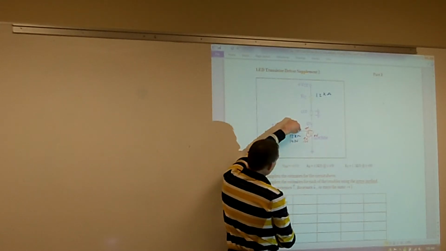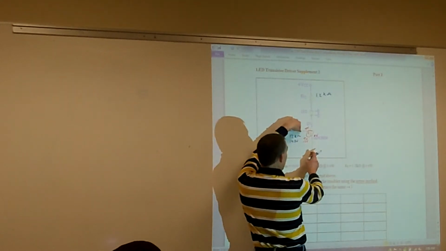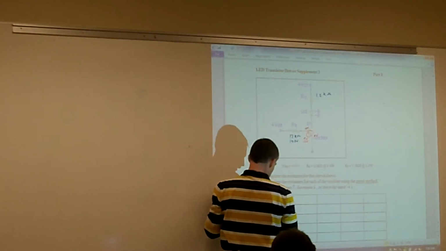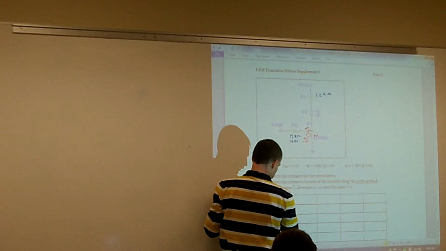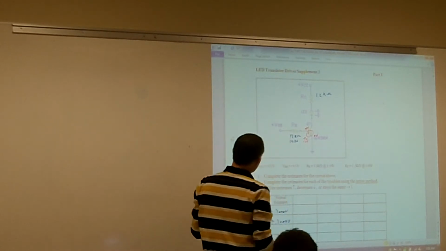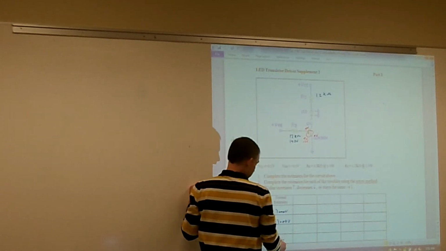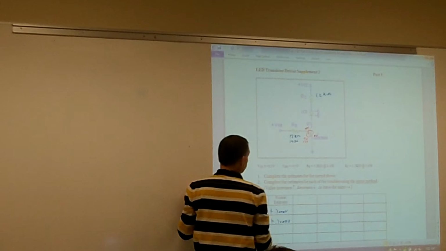Then our voltage from our base referenced to ground, another test point, is the same thing as B to E, also a positive 0.7 volts. Then our voltage across RB drops the remainder, which is 14.3 volts.